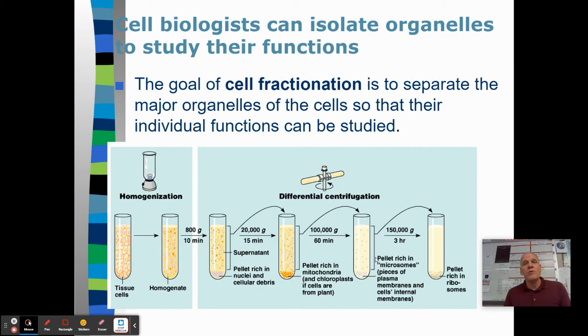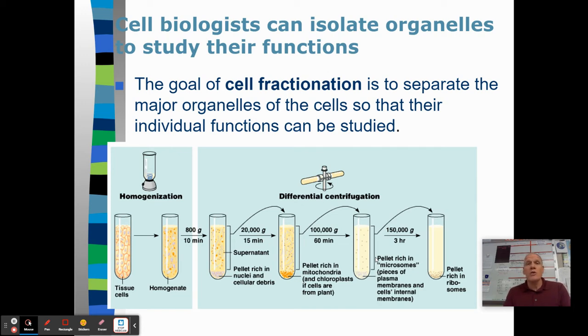So we can take out the ribosomes, put them into a test tube, add messenger RNA and various types of amino acids, and watch how the ribosomes take those amino acids and the messenger RNA and build a protein. We can even design our own proteins that way. That's how we basically know how these various organelles work.